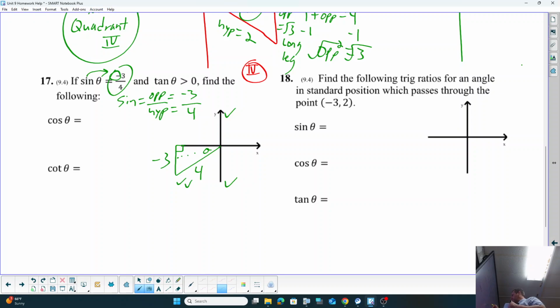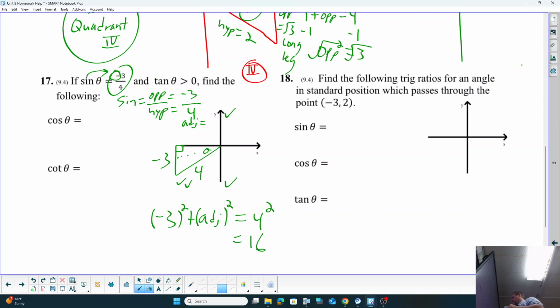Let's call the adjacent side b. So negative 3 squared plus the adjacent side squared, a squared plus b squared, is equal to c squared.